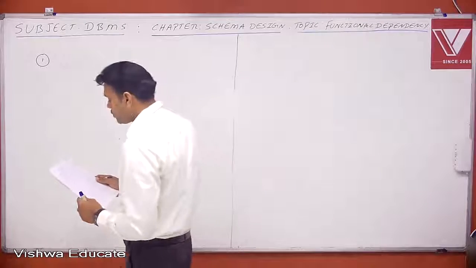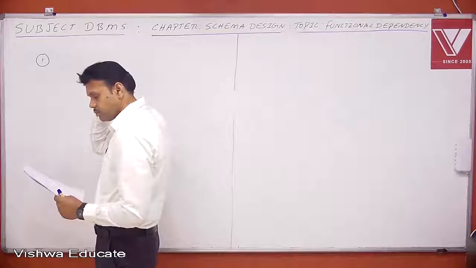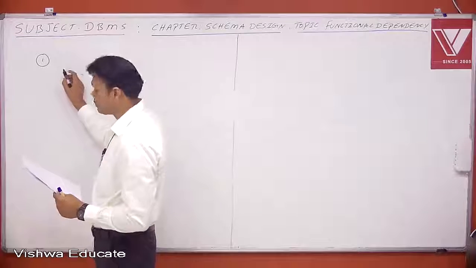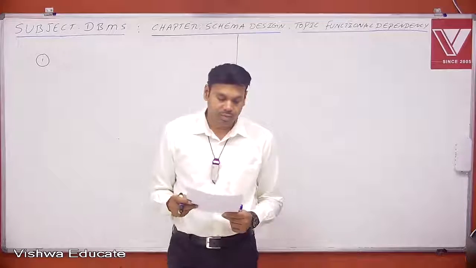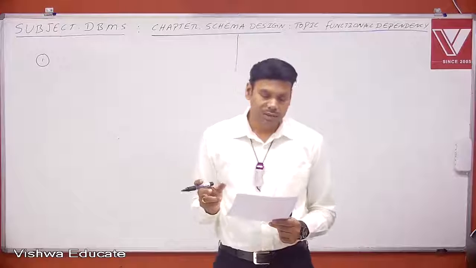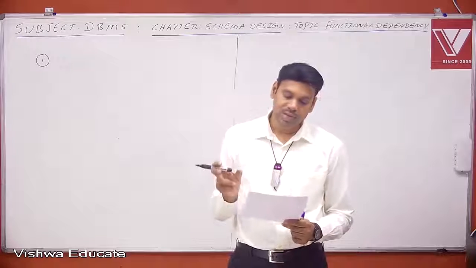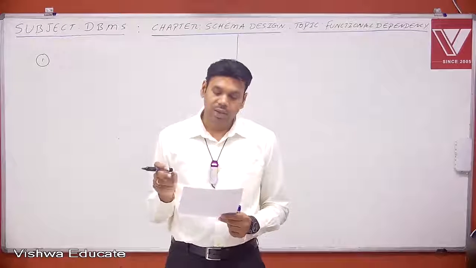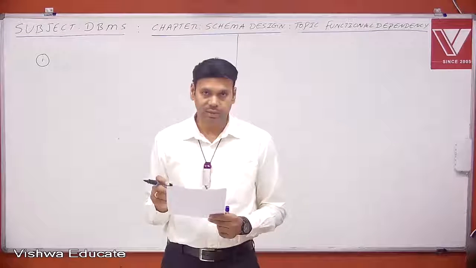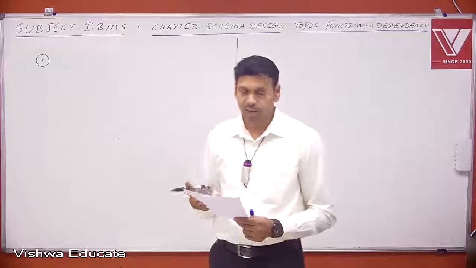So what is question number 1? He has given a schema R(ABC) with some tuple set and is asking how many non-trivial FDs are satisfied. You know how to do this.